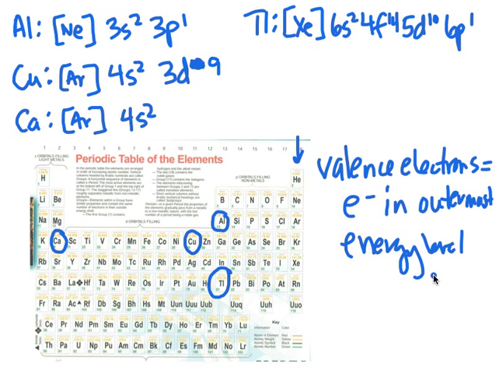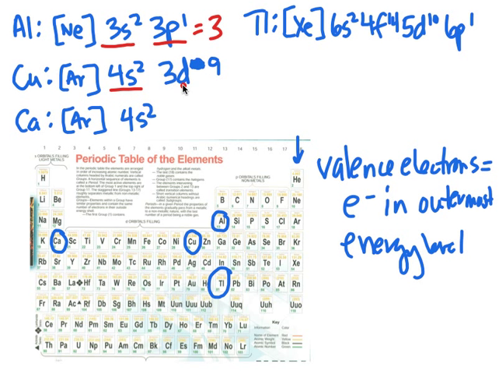If we want to look at our outermost energy level electrons, the noble gas notation is an easy way to do that. If we look at aluminum, the outermost energy level that has electrons is the third energy level. And aluminum has 2 plus 1, 3 electrons in the third energy level, so we would say that aluminum has 3 valence electrons.